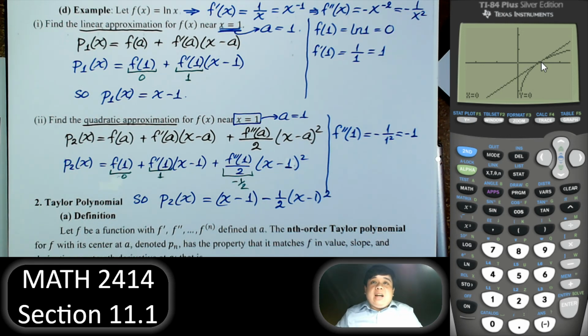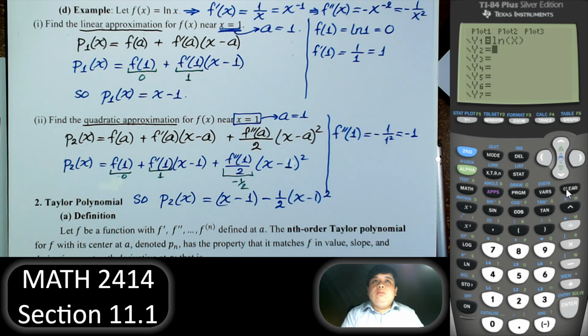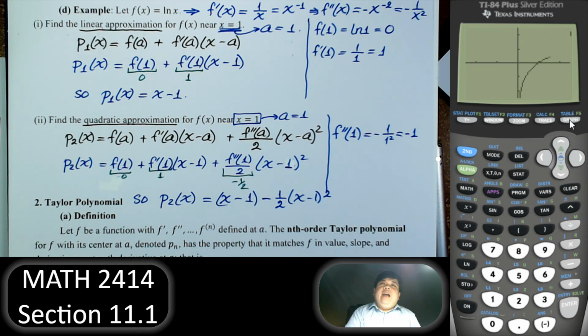Let's graph that and see what happened. So I have ln of x, and then we have the approximation.